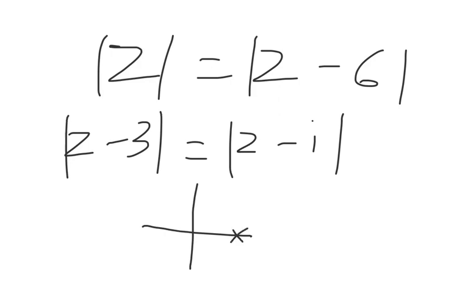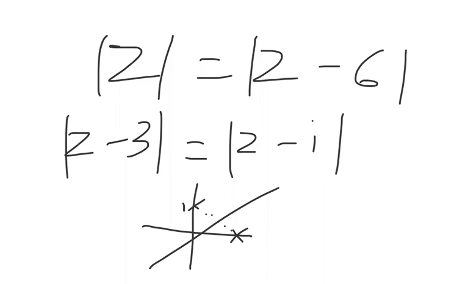Modulus z minus i, but because it's a complex number, and this is the imaginary and real axis, we plot the 1 on the imaginary axis. And now what we want to do is find the perpendicular bisector of these two points. Now you can figure that out algebraically using y equals mx plus c, but let's just assume that's what it looks like. So there you have it.